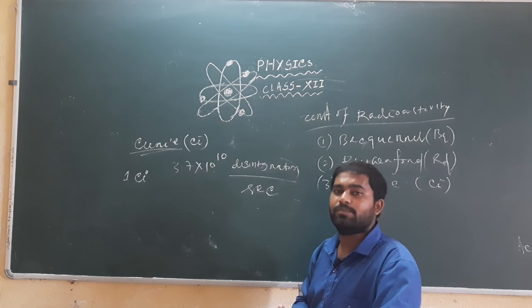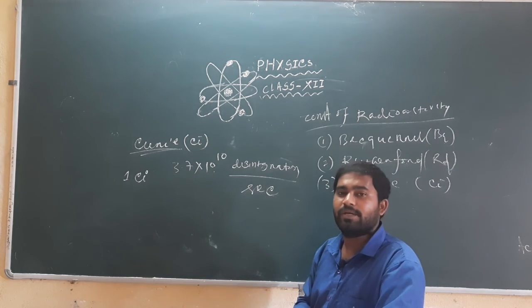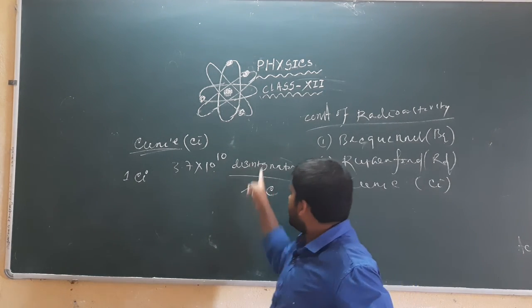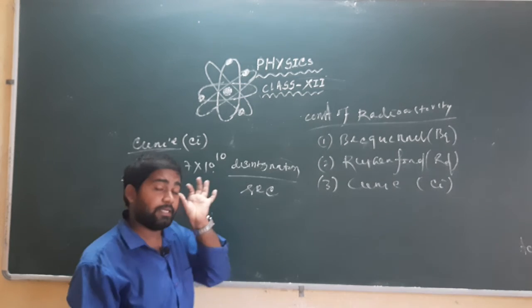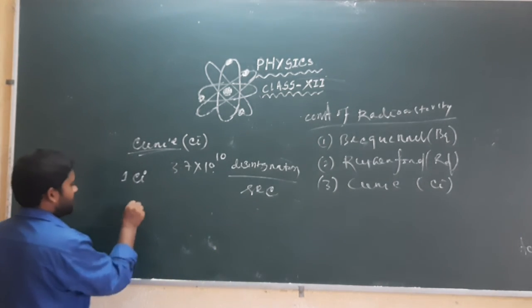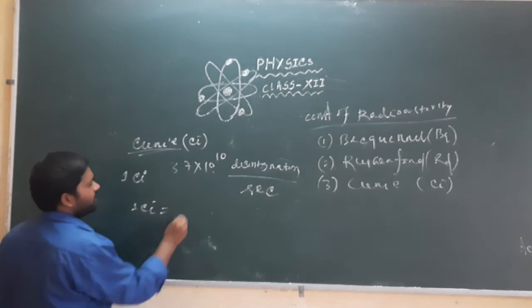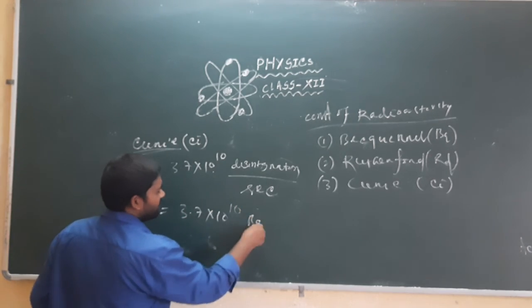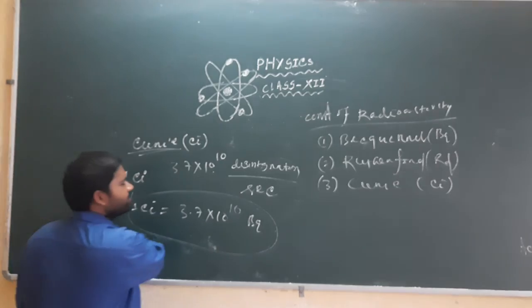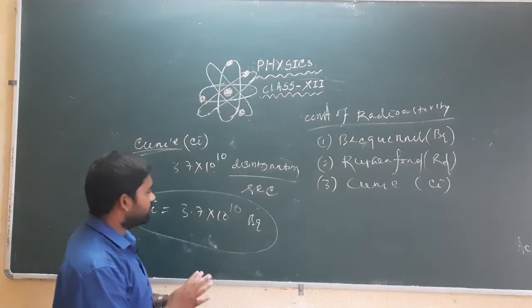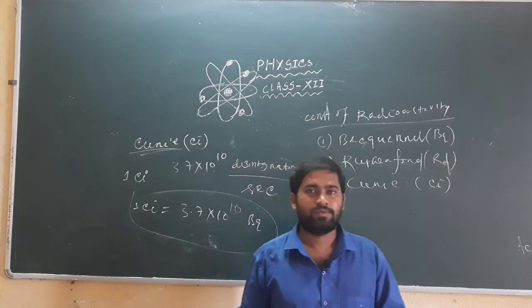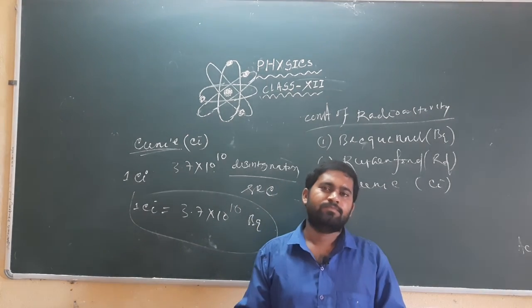As disintegration per second is becquerel, 1 Curie equals 3.7 into 10 to the power 10 becquerel. So these are the different units of measurement of radioactivity. Understand? Thank you.